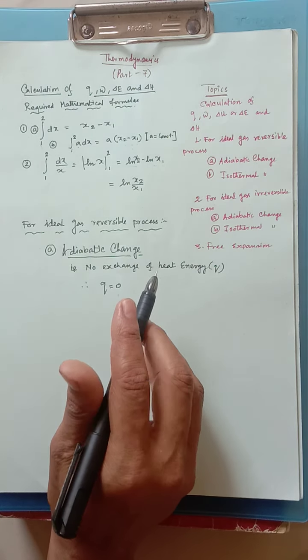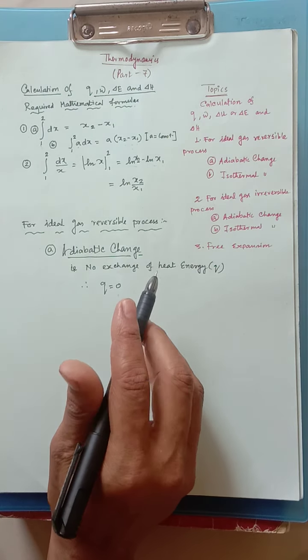We have already calculated this, so W, the work done, equals minus Cv times T2 minus T1, say equation number 3. From equation 3 we can write W equals Cv times T1 minus T2. We have already calculated this too. This is equation number 4, say.